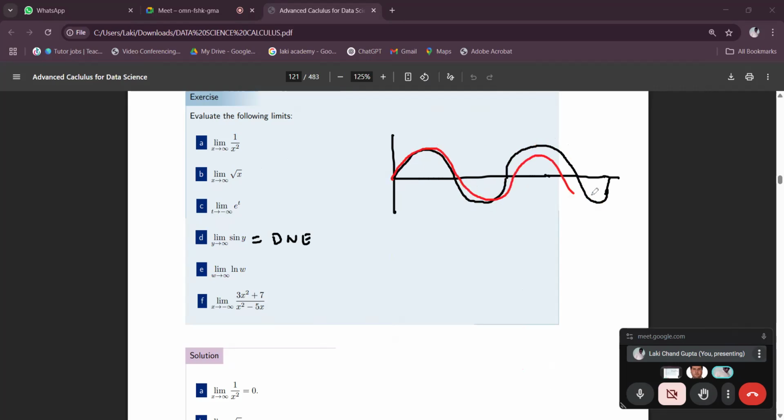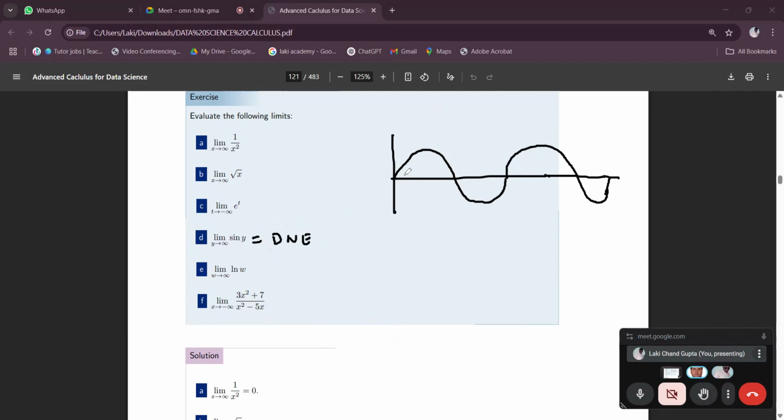Sometimes increasing, sometimes decreasing. So the value of sin x is not fixed whenever you are going towards the right hand side, so the limit does not exist.